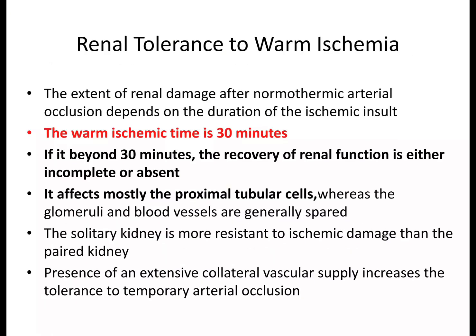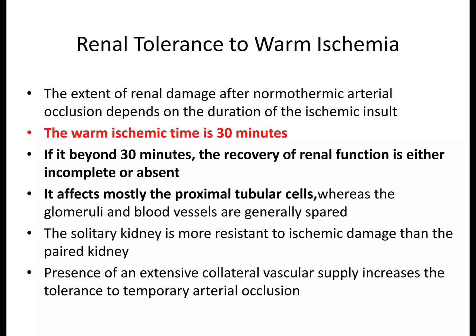So renal tolerance to warm ischemia: the extent of renal damage after normothermic arterial occlusion depends on the duration of the ischemic insult, and the warm ischemic time for the kidney is 30 minutes. If it is beyond 30 minutes, there will be a problem in the recovery of renal function, and it will be either incomplete or absent.